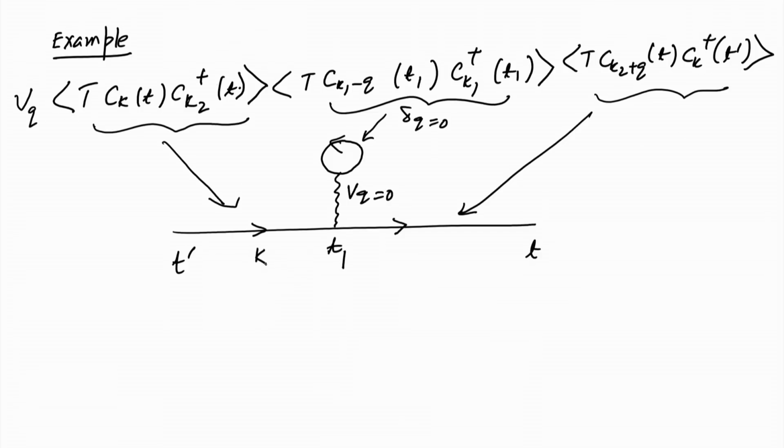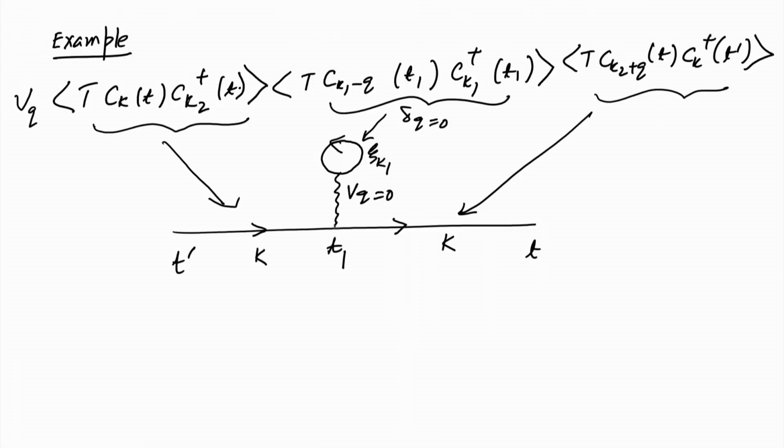The momentum is k here, and this does not carry any momentum. This has momentum k 1, and this continues with the momentum k. So, a free particle Green's function propagates from t prime to t 1 with a momentum k.